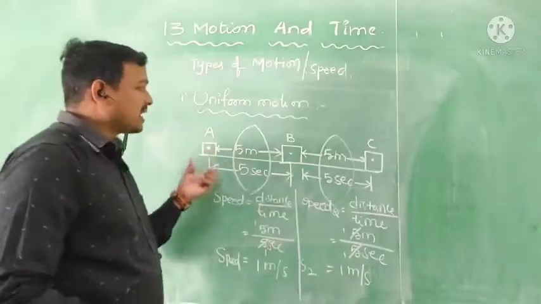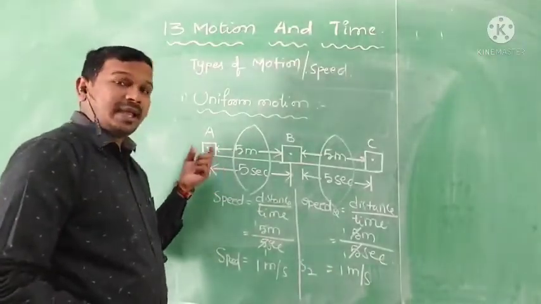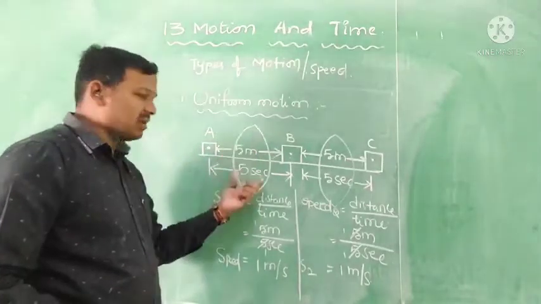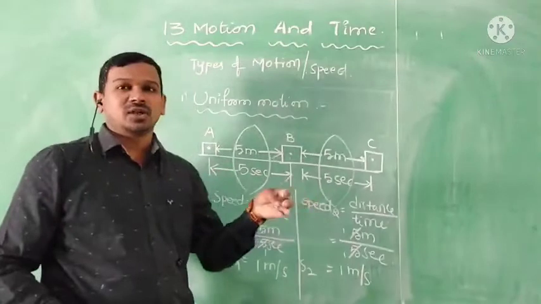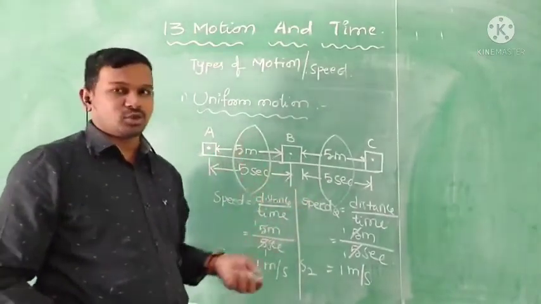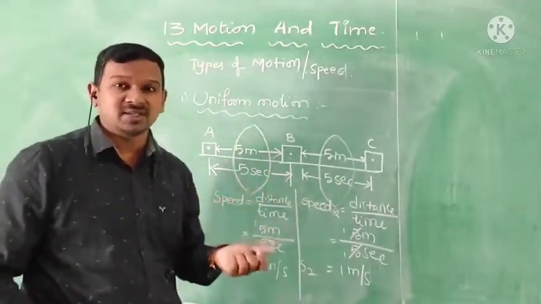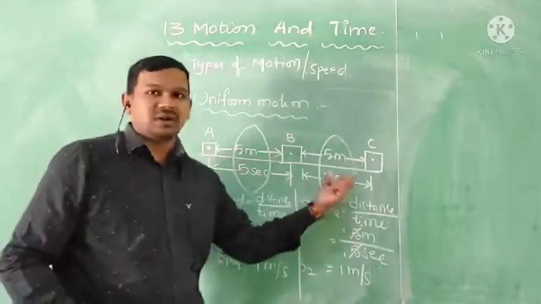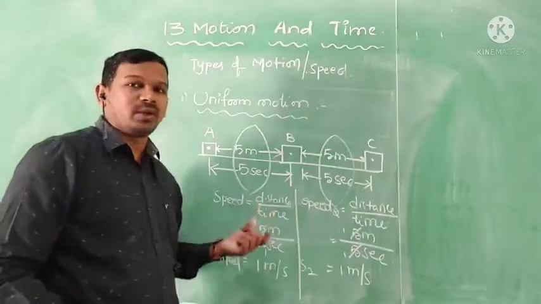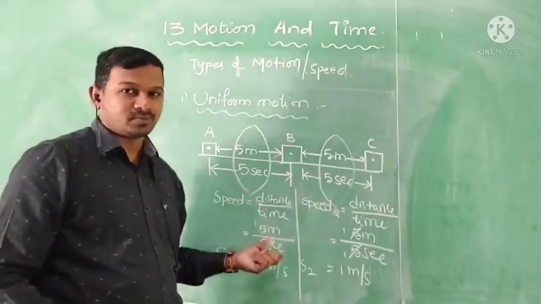So from this we can give the clarity here. If the body is covering equal distances in equal intervals of time, whether it is traveling in a rectilinear direction or in a circular motion, whatever the direction is, then the body is said to be moving with uniform speed.